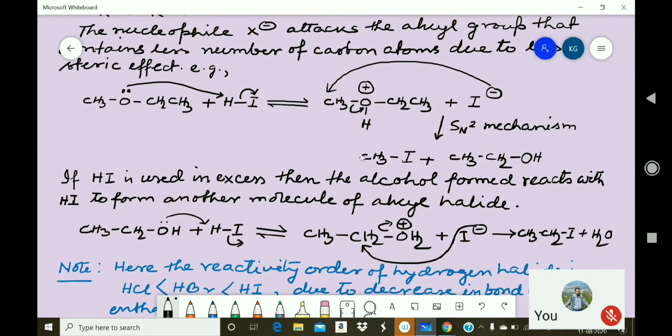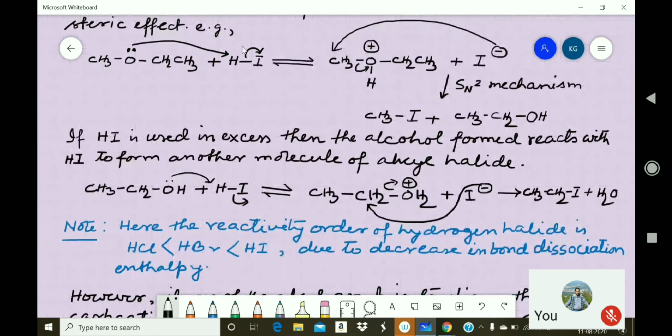And in this reaction, if HI, that means the hydrogen halide, is taken in excess, then the formed alcohol will further react with hydrogen halide to give rise to the alkyl halide. In this way, first the protonation will take place, then the resulting alkyl halide will be formed.